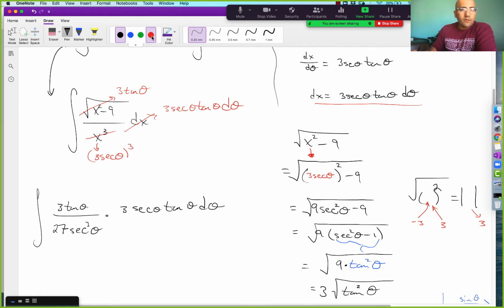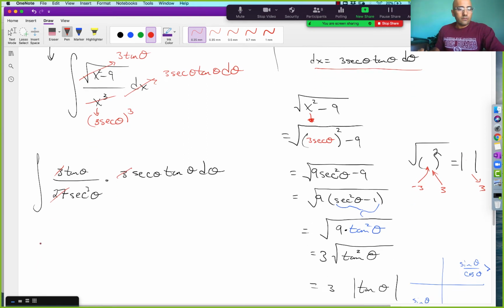Good. Okay, so now this and this become 9, and there's a 27. So all of that reduces to just having 1/3. So I'll write that 1/3 out here. Integral of. Okay, and then there was a power of 3 here, and there's a 1 there.